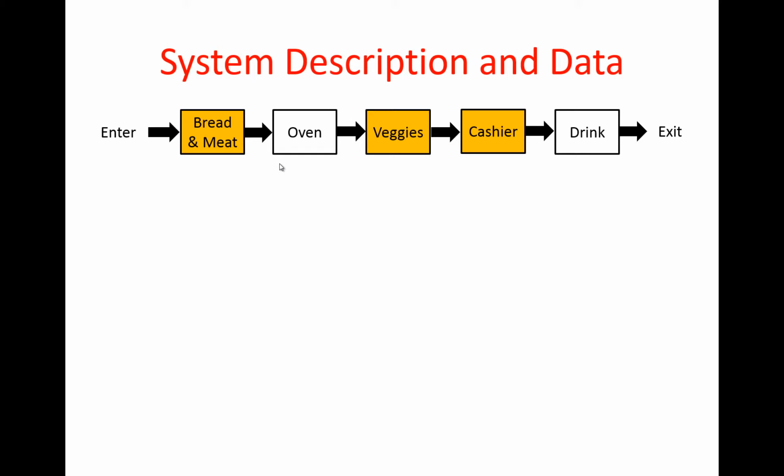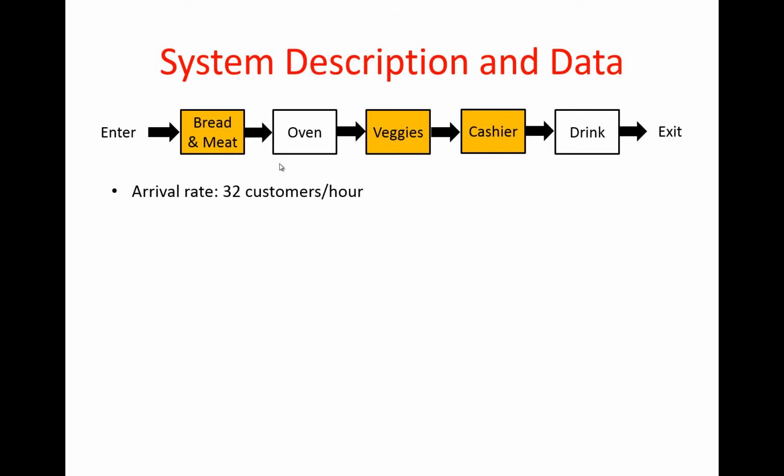Once the sandwich is ready, the customers pay at the cash register, and after the payment is complete, the cashier puts the sandwich in a bag, and the customers then go to the drink machine and get their drink, and then they leave the system.